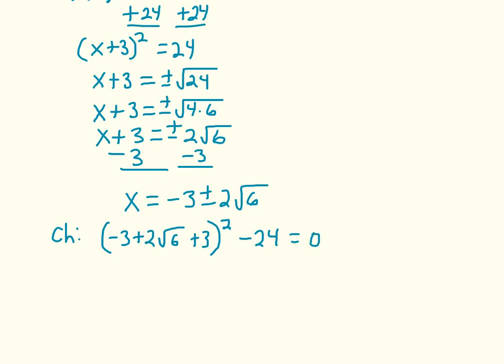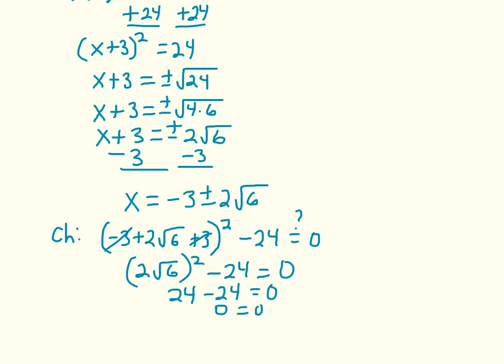You can use your calculator for this, but it's not too bad because the 3 and the negative 3 make 0, so you end up with 2 root 6 squared minus 24. Does that equal 0? Well, 2 squared is 4, root 6 squared is 6, so that's 24 minus 24, and that does equal 0.